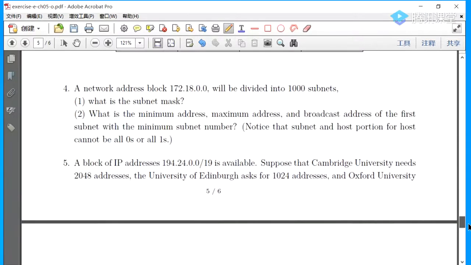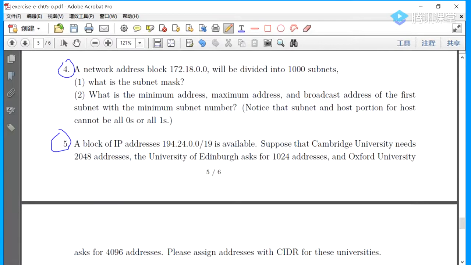I will give you an example. Question 4 is for subnetting. Question 5 is for CIDR. So we give 2 examples, one for subnetting and the other for CIDR.